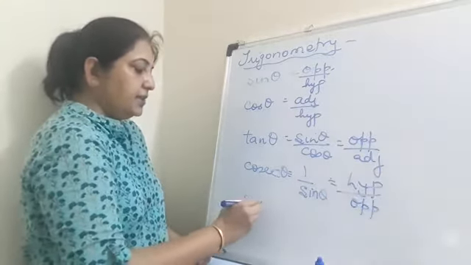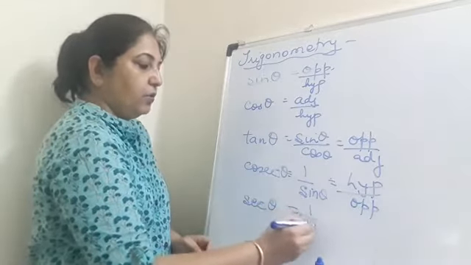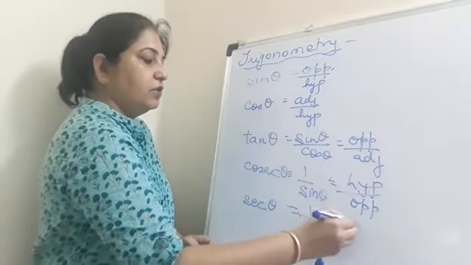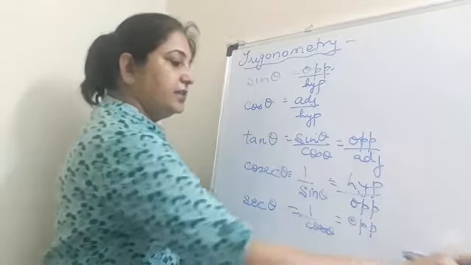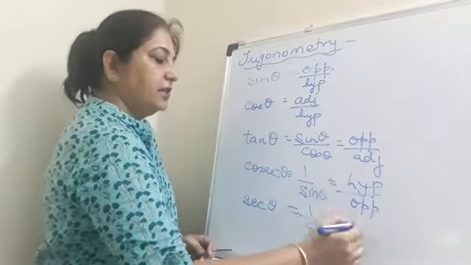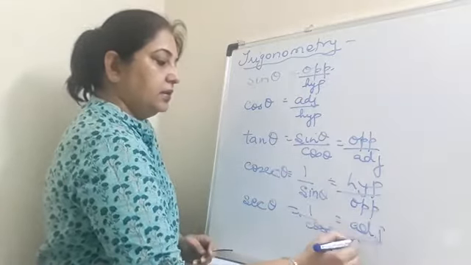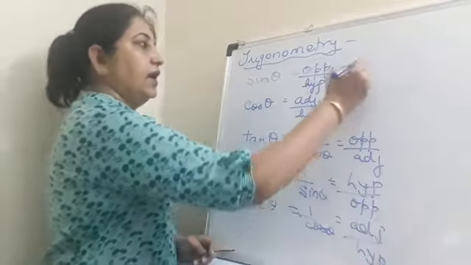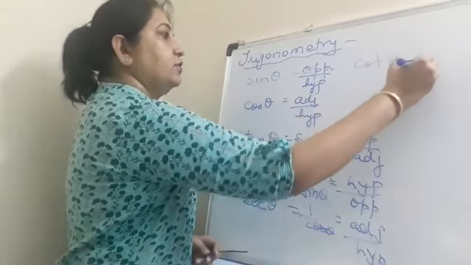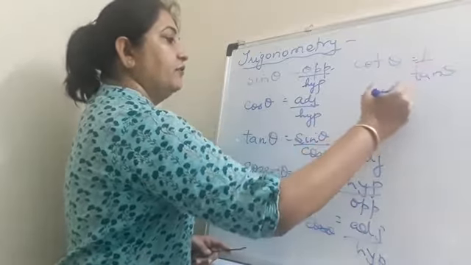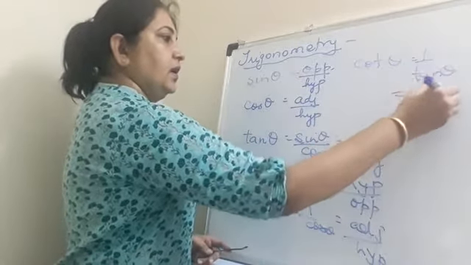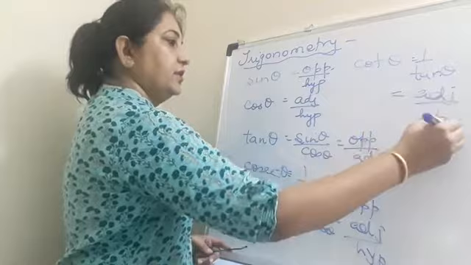Then sec theta is equal to 1 upon cos theta, which is equal to hypotenuse upon the adjacent side. And cot theta is equal to 1 upon tan theta, which is equal to adjacent side upon the opposite side.